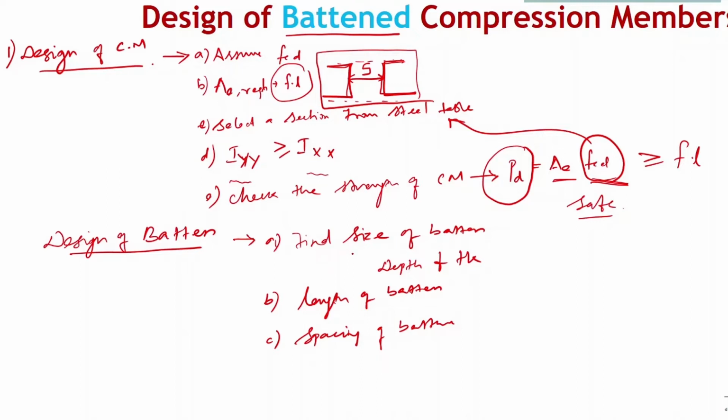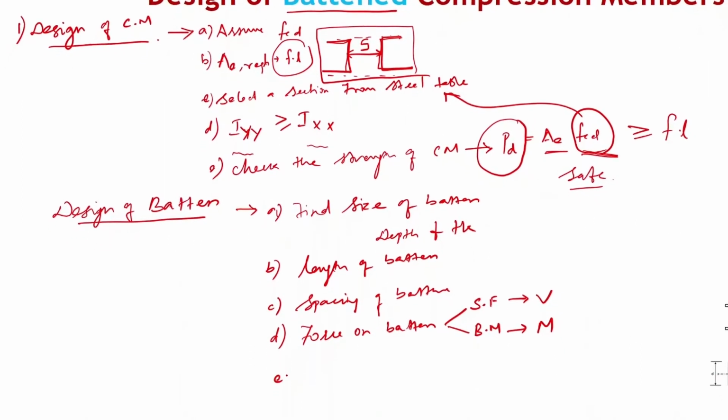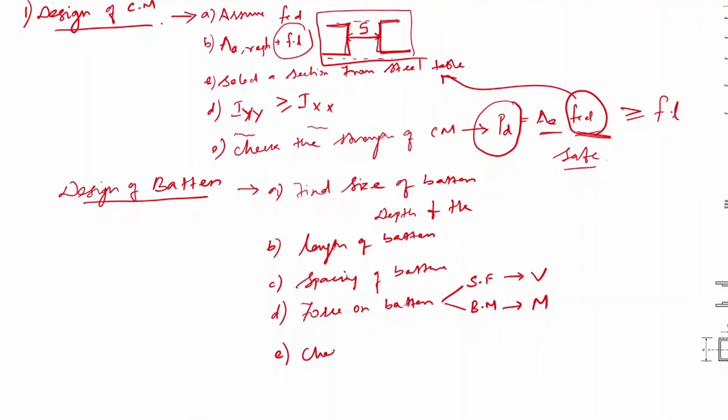Once you know the size, length and spacing of batten, you have to determine the force on batten. Batten is subjected to shear force and bending moment. So you need to know how much is the shear force and how much is the bending moment. And in the end, you need to check the shear strength and bending strength.